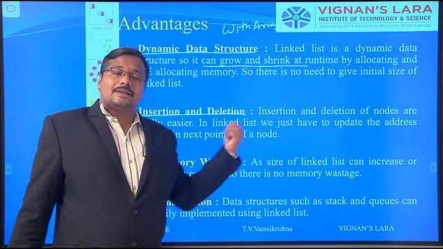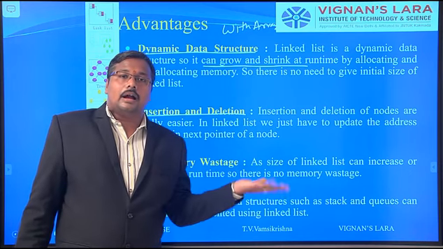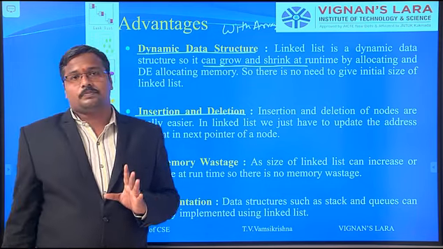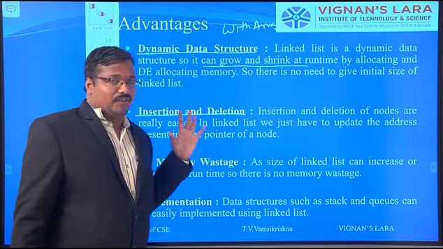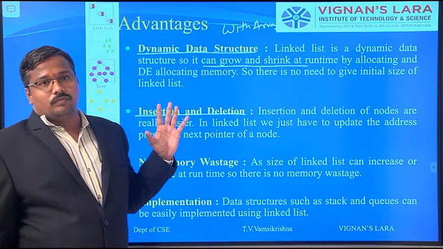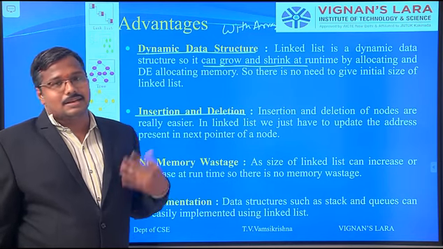In deletion also, you can delete at the beginning, at the end, and at a given position. This is very flexible. Where you want to delete, you can delete there. Where you want to insert, you can insert there.